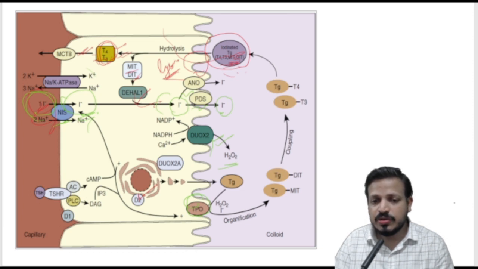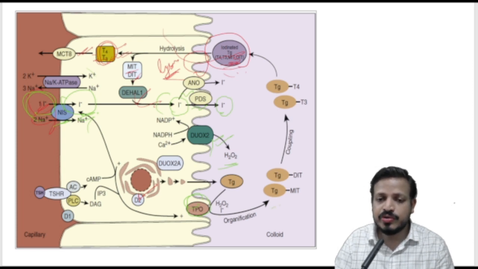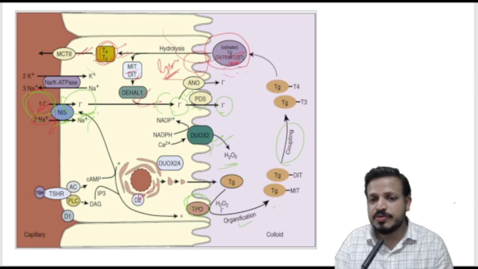After oxidation, the thyroglobulin combines with the iodine, forming monoiodotyrosine and diiodotyrosine. This process is known as organification. After organification, there is coupling, which forms T3 and T4, and it is stored in combination with thyroglobulin.